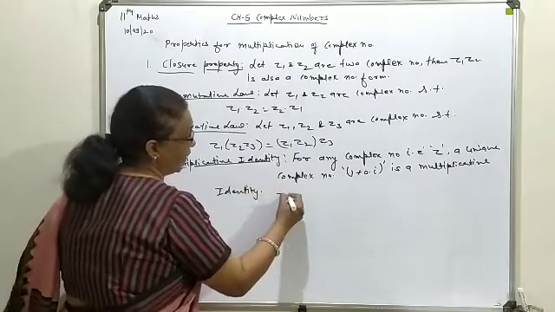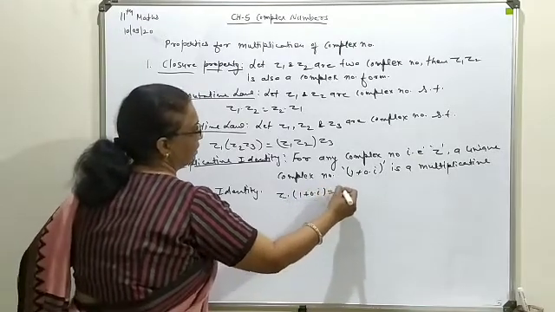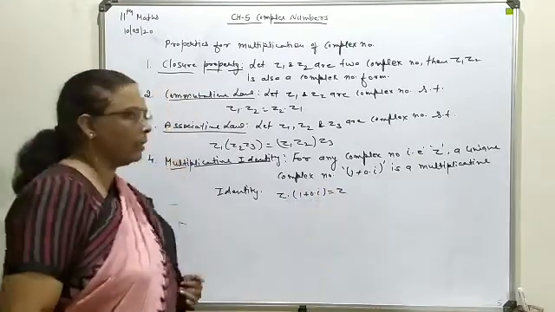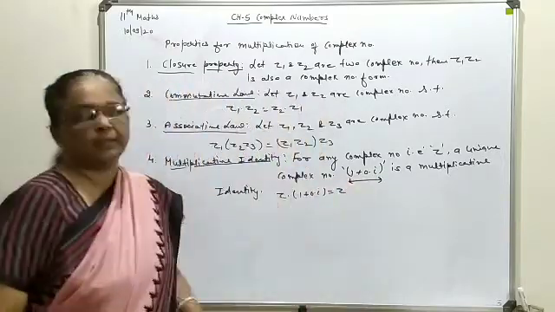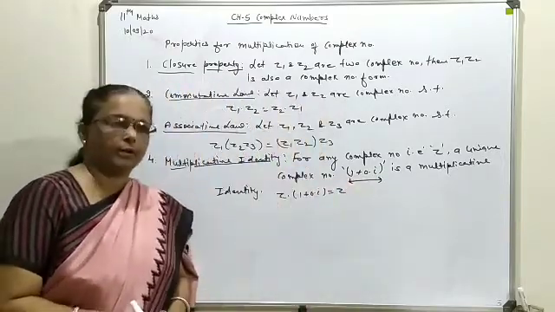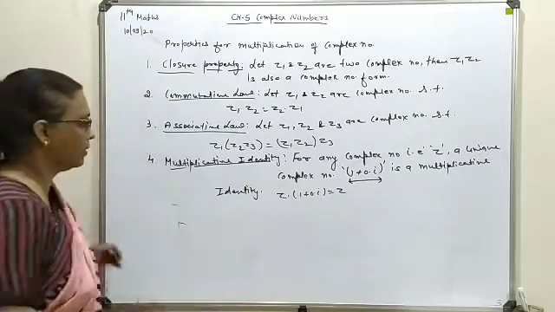That means Z into 1 plus 0i, if you write it, the final answer you will definitely get is Z. So this is the multiplicative identity, it is fixed or unique for all complex numbers. Everywhere it will remain the same.